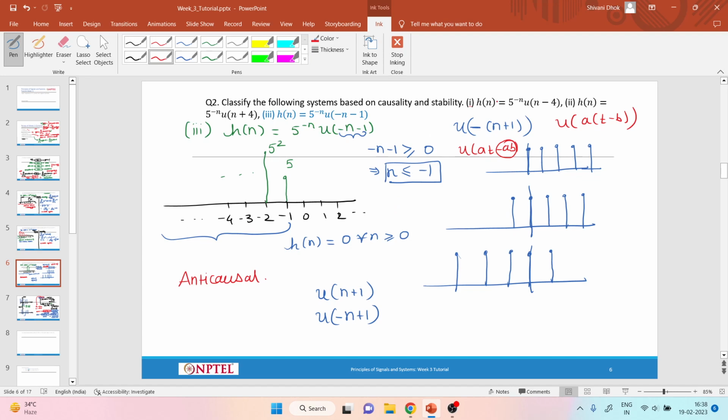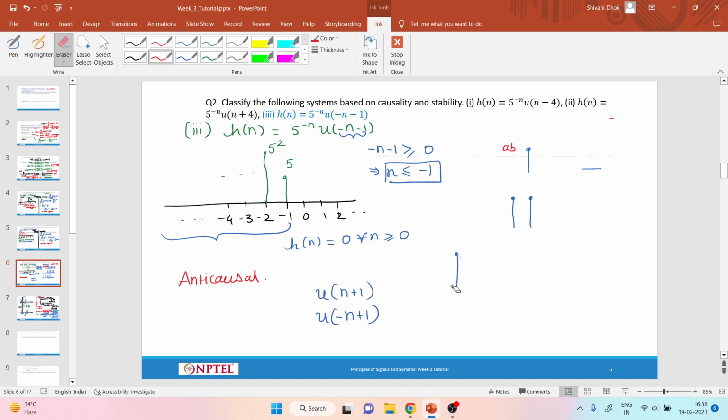I'll do the same thing with this now. What was given to me? U of minus n minus 1. I'll do it both ways and you will get the same solution. The first way: first I'll shift u of n by 1, that is, I'll get u of n minus 1.